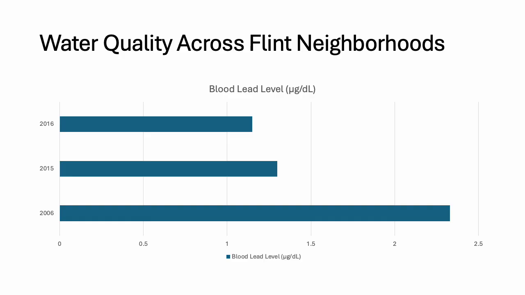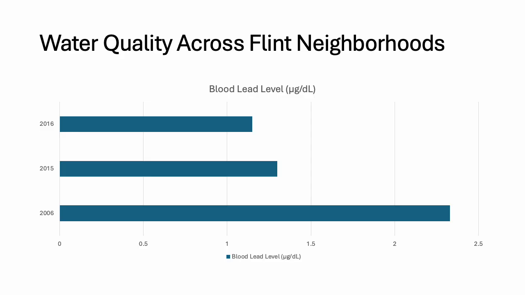So after that, we're going to talk about the water quality across Flint, Michigan neighborhoods. I present three different data points, which are 2014, 2015 and 2016. The blood lead level among the residents at first in 2014 was 2.33, and there's a huge difference between 2014 and 2015 and 2016.